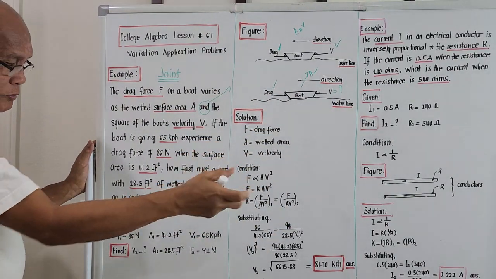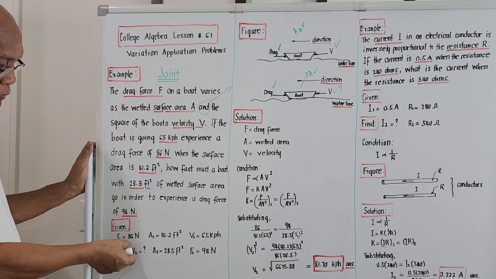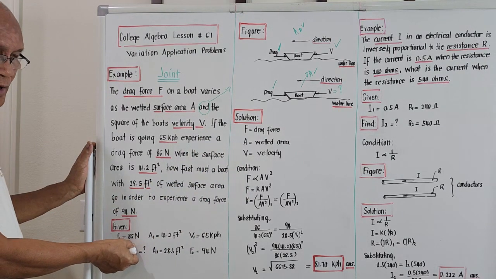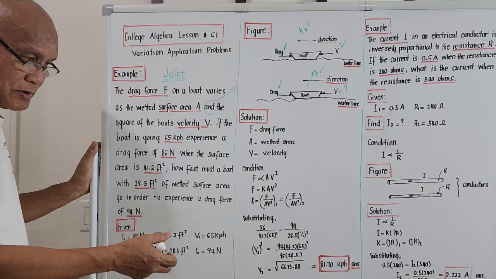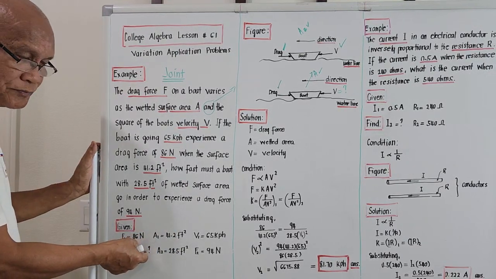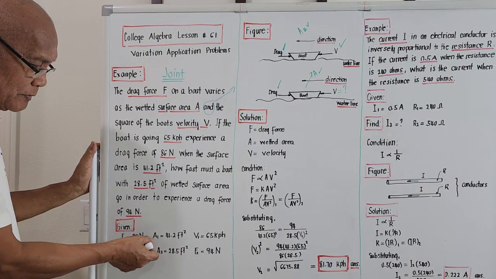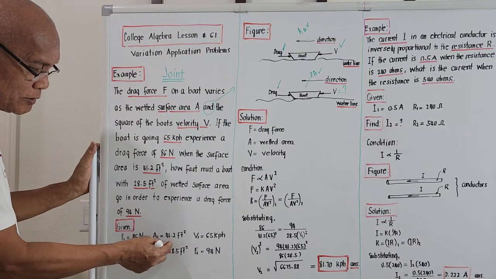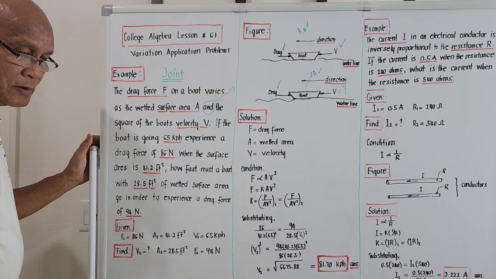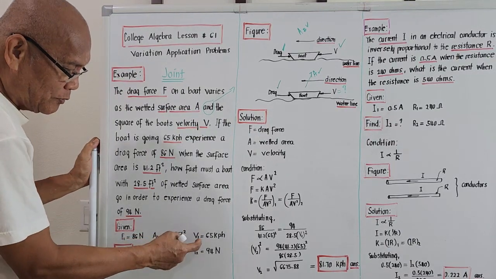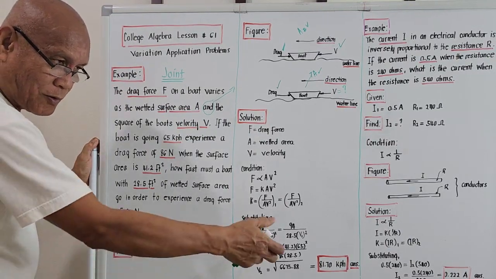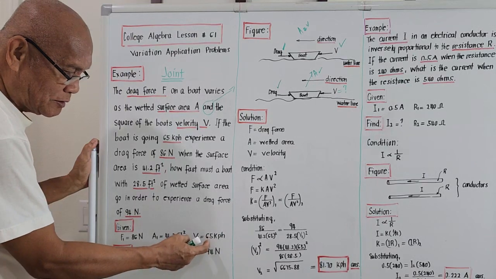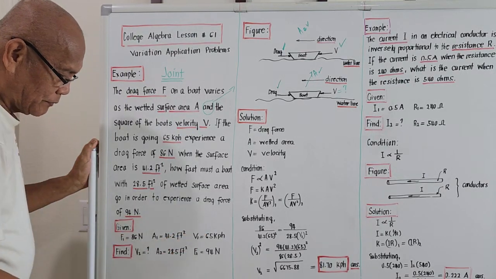For condition number one, if the drag force or resistance force is 86 newtons, the weighted surface area, capital letter A with the subscript 1, is 41.2 square feet. Capital letter V with the subscript 1, the speed of the boat, is 65 kilometers per hour.